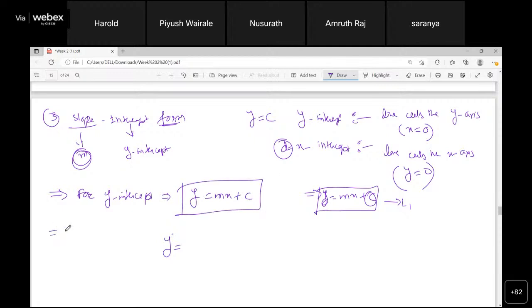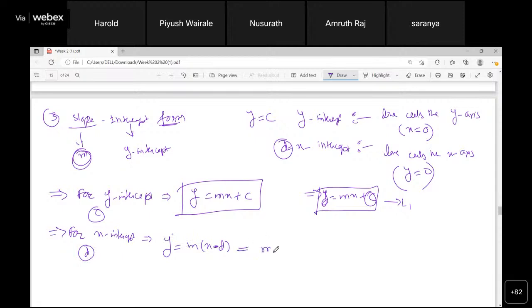And for the x-intercept, it will be y equals m(x minus d), where d is my x-intercept, and here c is my y-intercept, right? So this is the equation of a line having slope m and x-intercept d.